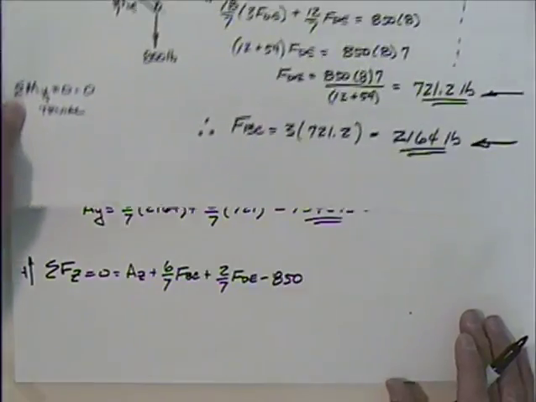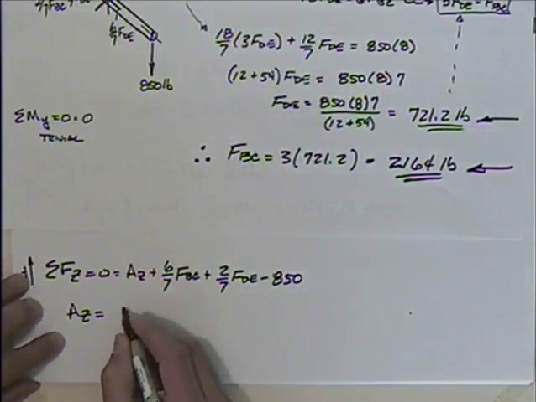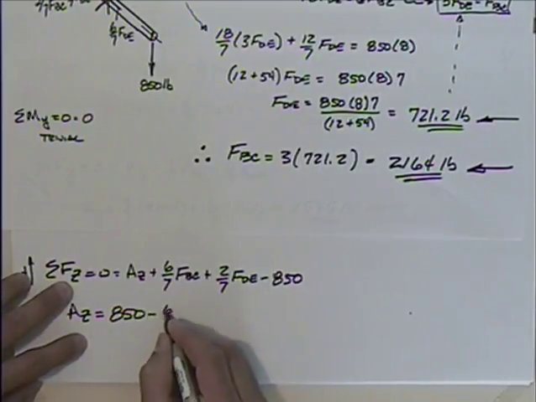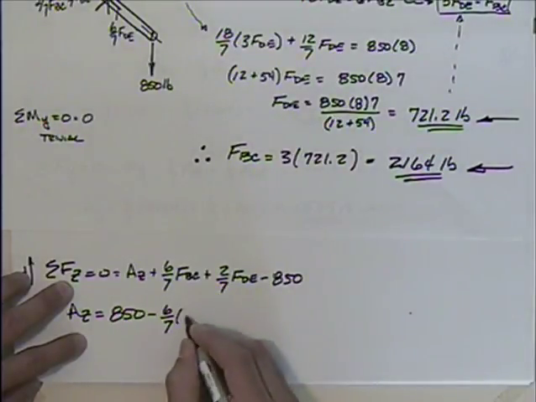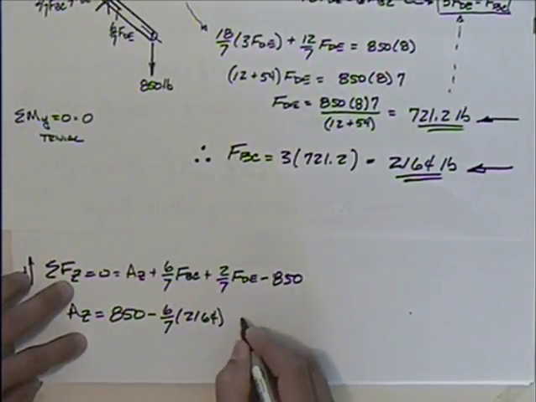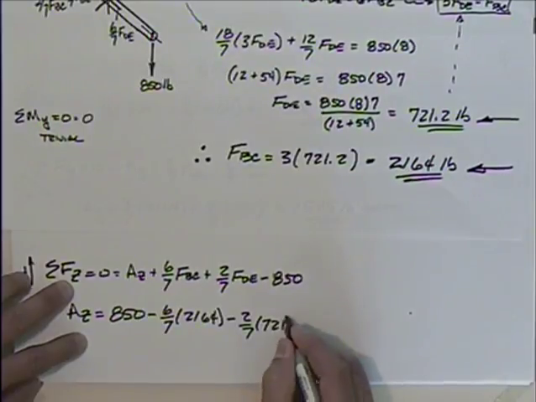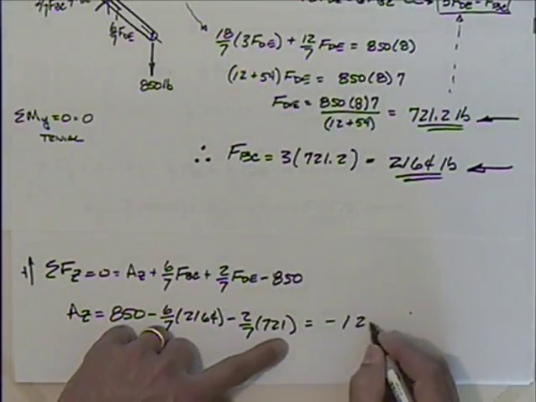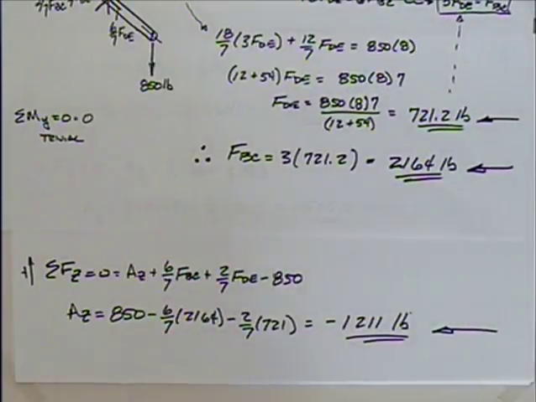So I should be able to then say that AZ is equal to 850 minus 6/7 FBC. BC, that's 2164, minus 2/7 FDE. DE, 721, which turns out to be equal to minus 1,211 pounds. And I'll double check that too.